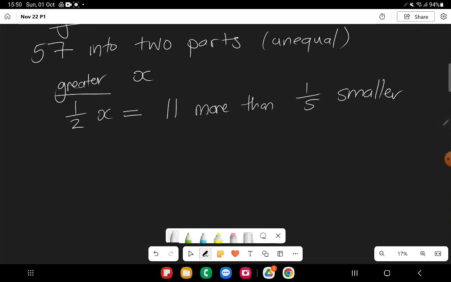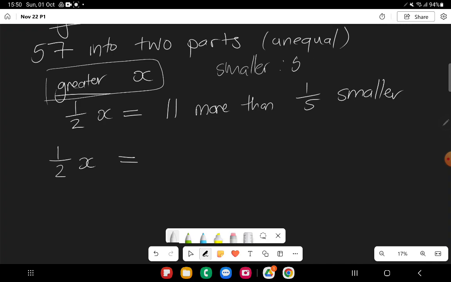So this is more or less how I understand it. So what are we going to do? We are going to write this half of x, which is our greater part, must be equal to something else, right? If the greater part is x, then the smaller part must be what?